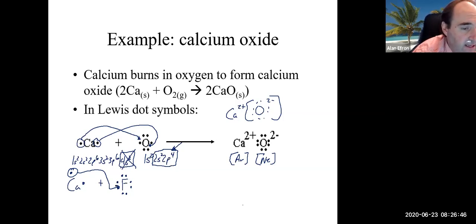It now has 8 electrons on it, which is good for the fluorine, but not so good for the calcium, because if you look on the periodic table, if it only lost the 1 electron, it's pretty much only going to back up 1 space, and that's only going to take it to potassium. And potassium is not a noble gas, so it's not going to be able to reach that noble gas configuration by losing only 1 electron.